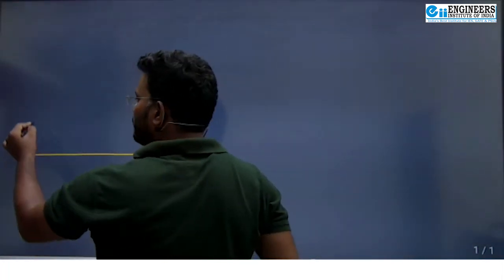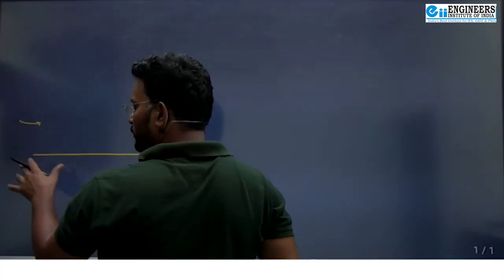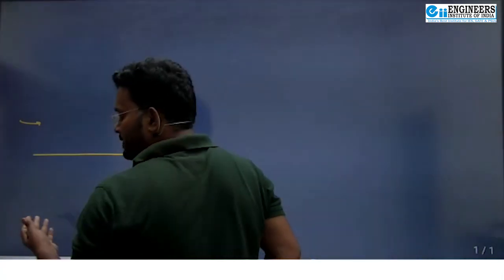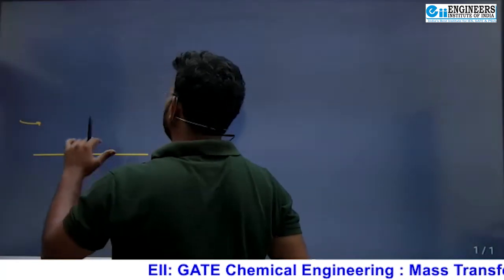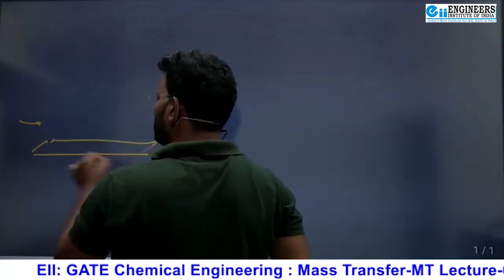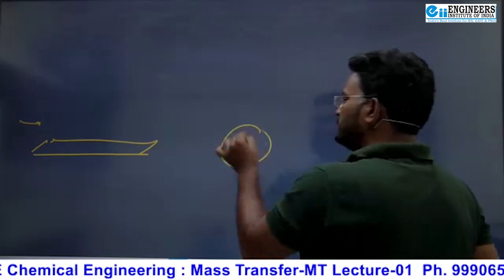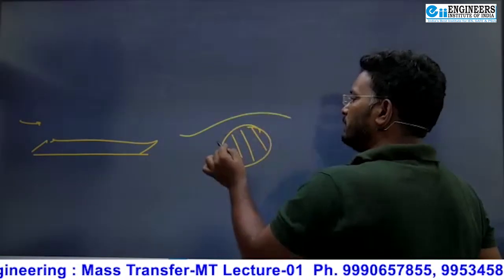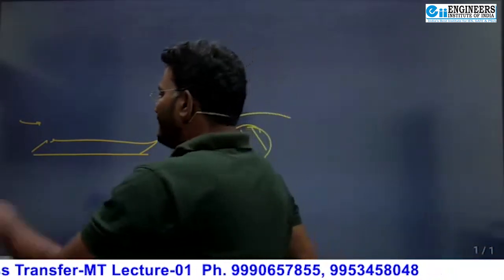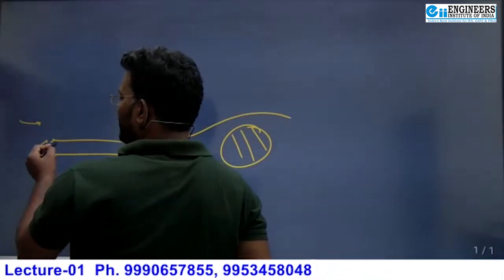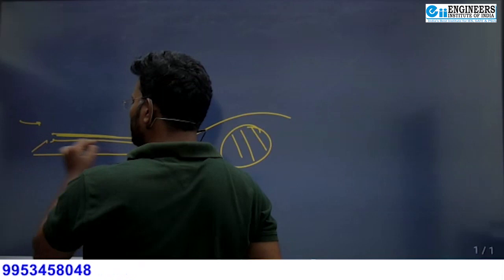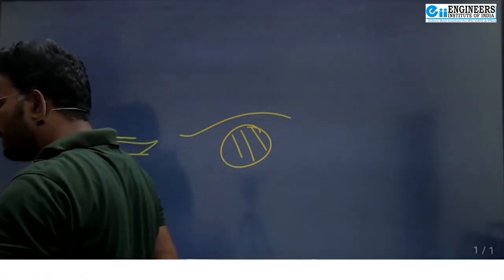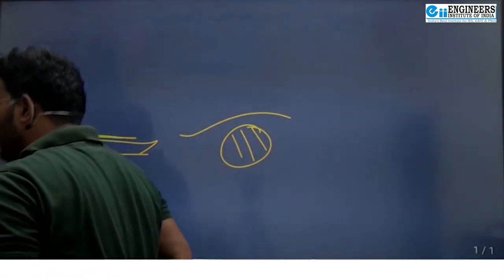When the turbulent flow is flowing over a solid surface, for example a flat plate or a sphere, even if the flow is turbulent, any region of the fluid near the surface of the solid is assumed to be stagnant or laminar. Yes or no? Bolo.